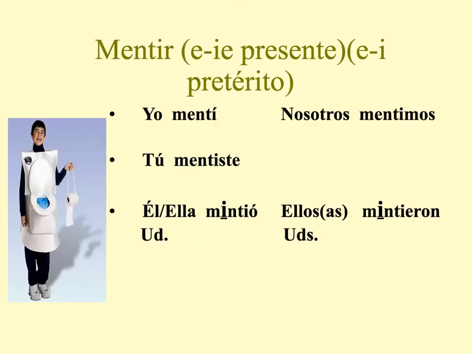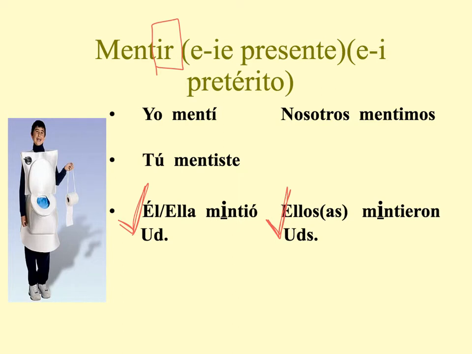Okay, here's another example. Mentir, right? Normally it's E to IE in the present tense. Miento, mientes, miente, mentimos, mienten. We're in the preterite. We're in past tense. It's different. So first of all, okay, I got to do my checklist. Is it an IR verb? Yes, it is. Okay. Second of all, I got to remind myself those stem changes are only going to happen in él/ella/usted and ellos/ellas/ustedes down here.